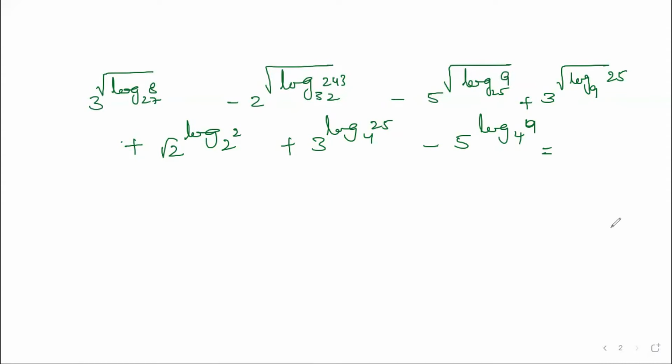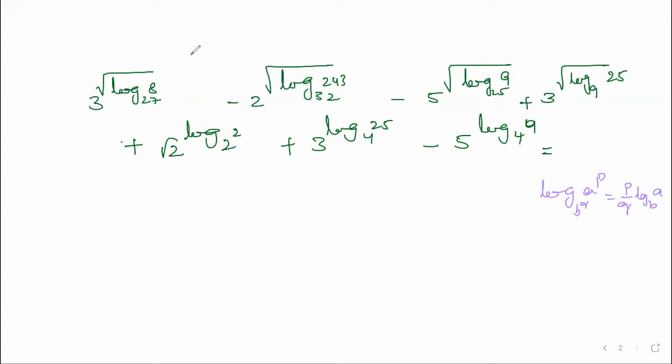That is, log of a power p, b power q can be written as p by q log a to base b. This is a well-known simple property of log.